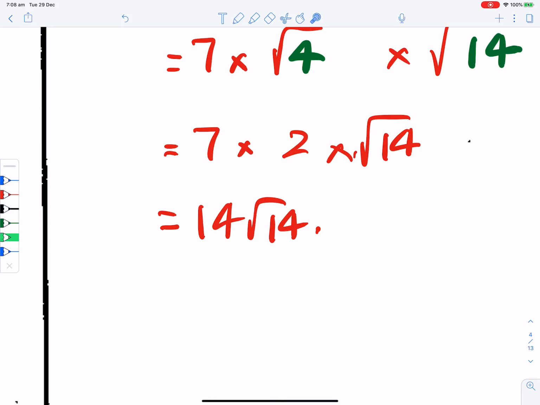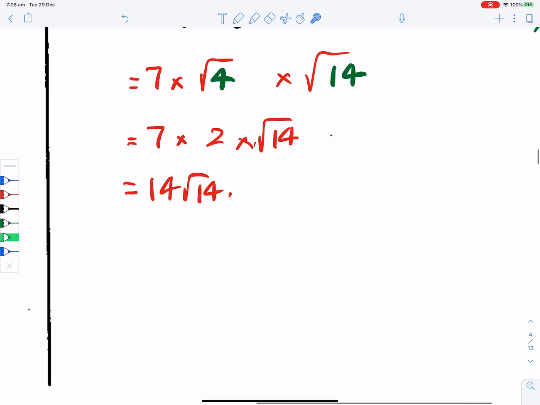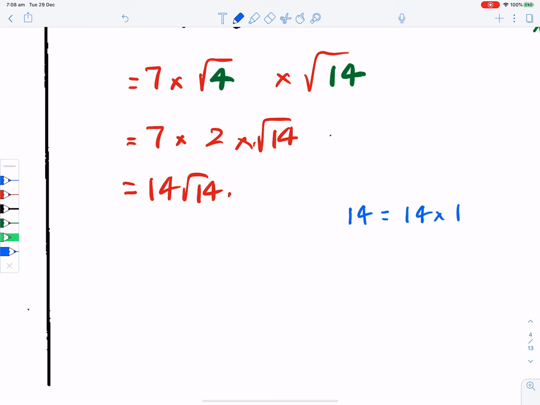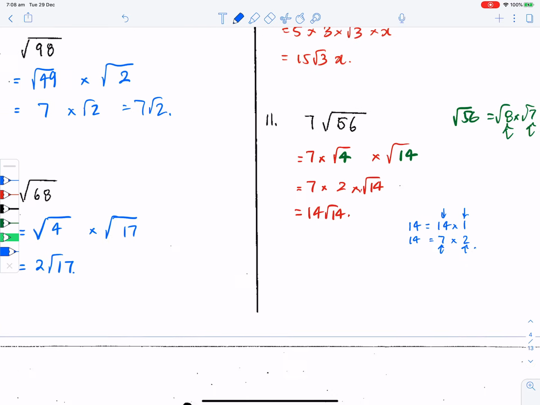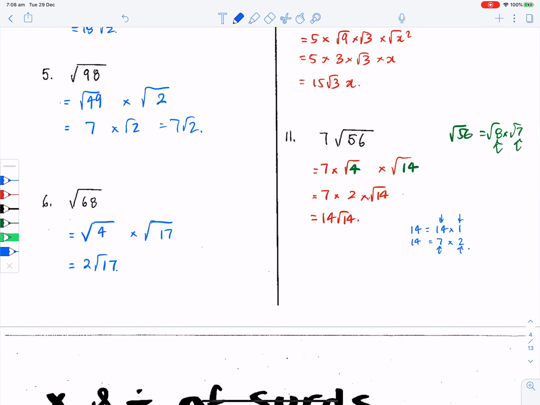And the answer is no. If you look at the factors of 14, they're 14 and 1. That's not going to be of any use. 14 can be rewritten as 7 and 2. That's not a perfect square, that's not a perfect square, and we'll never use 1. So you can't break that down anymore.